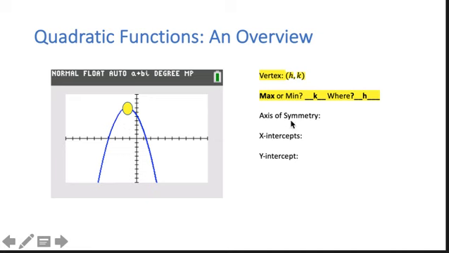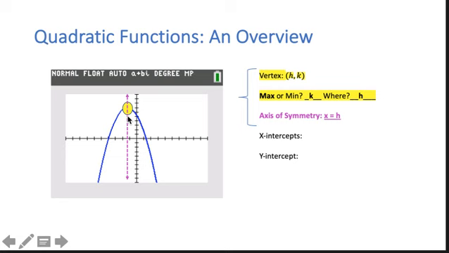So that's called the axis of symmetry. It's the folded line. If we fold it along this dotted line, the left side is going to match the right side. Now, that's a line. So the equation of the line is x equals h. It's x equals h because it goes through the x part of the vertex.